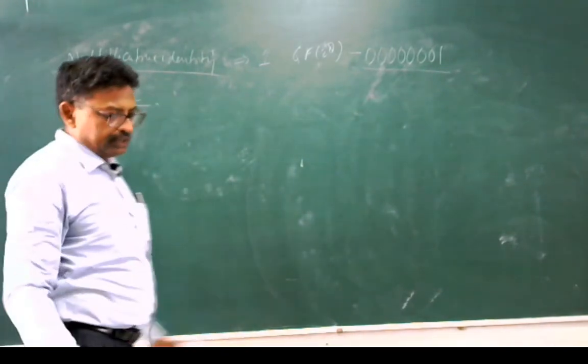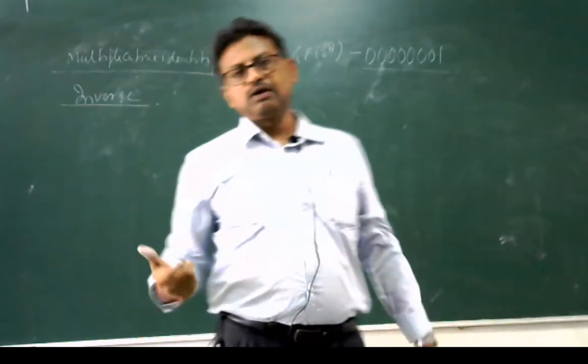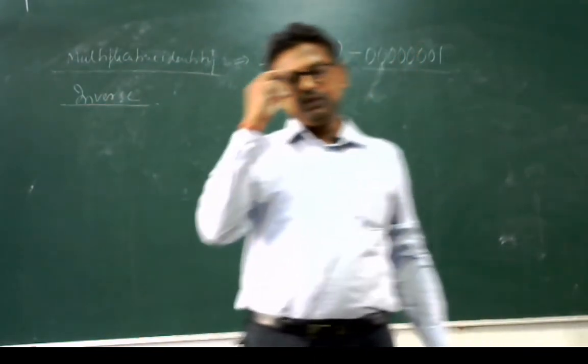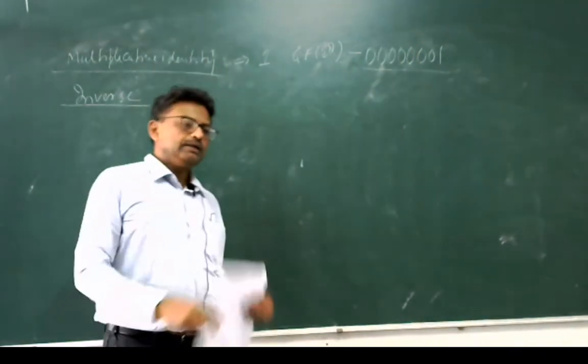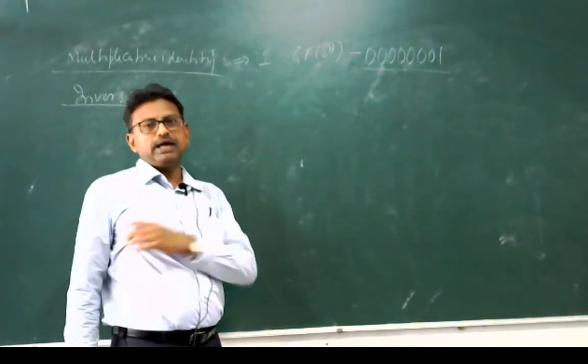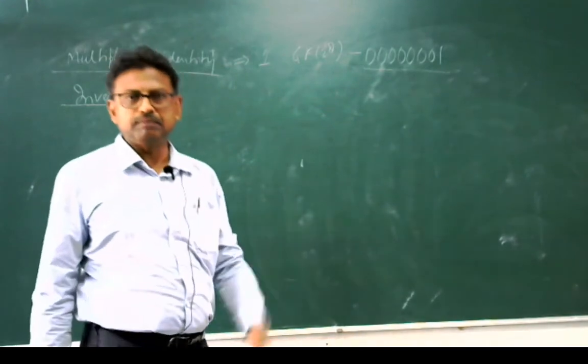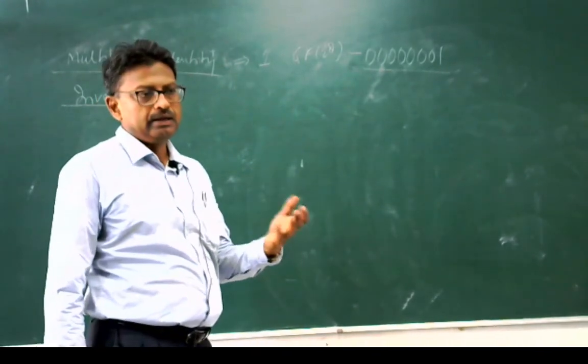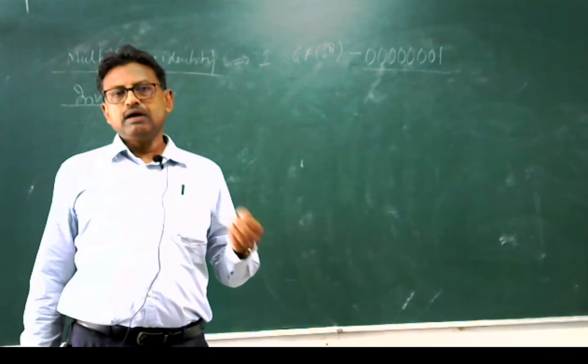If multiplicative identity is there, then what will be the multiplicative inverse? For obtaining the multiplicative inverse, we will adopt the same method which we used in the normal case, that is extended Euclidean algorithm. We apply extended Euclidean algorithm for obtaining the multiplicative inverse of a particular number out of the set.